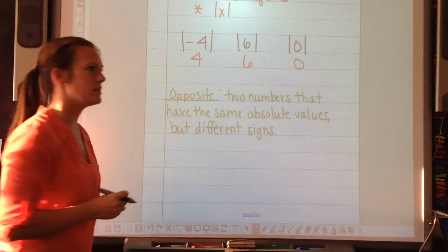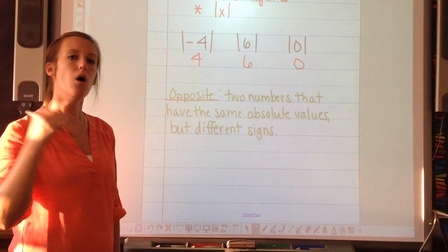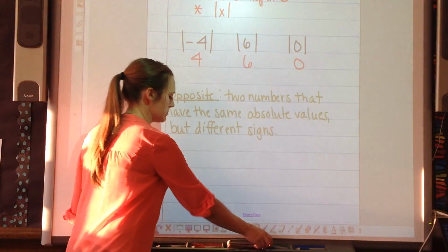Basically what it's trying to say is the same distance away from 0. One's going to be positive and the other one's going to be negative.